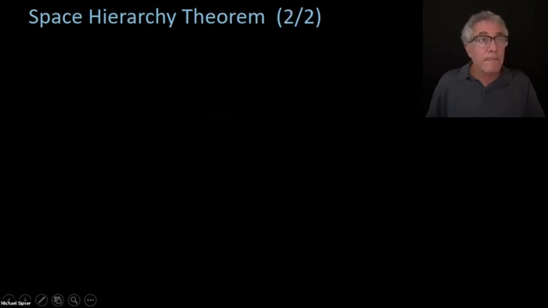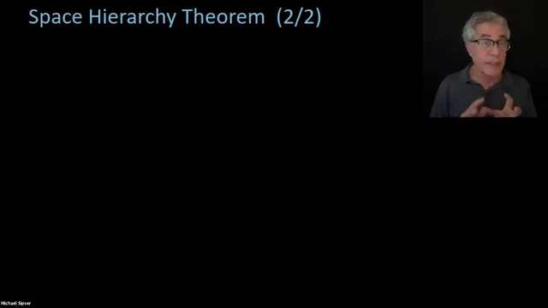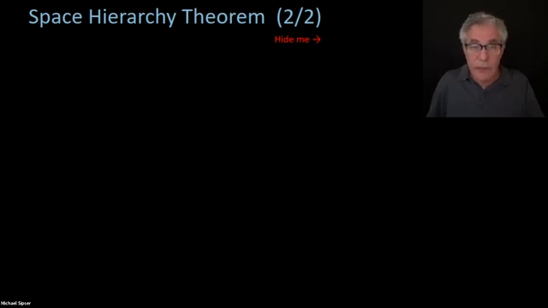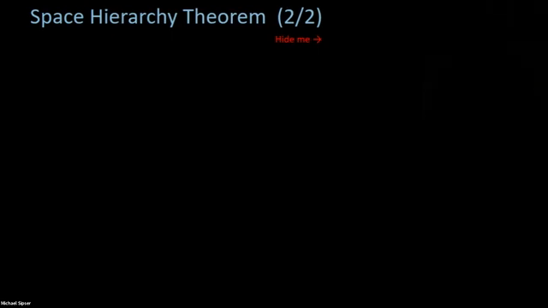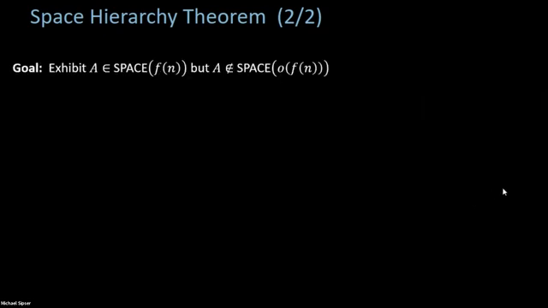Okay, now my job is to give you this Turing machine D. So D's language is going to be my language A, which requires f of n space. All right, now this is my goal.